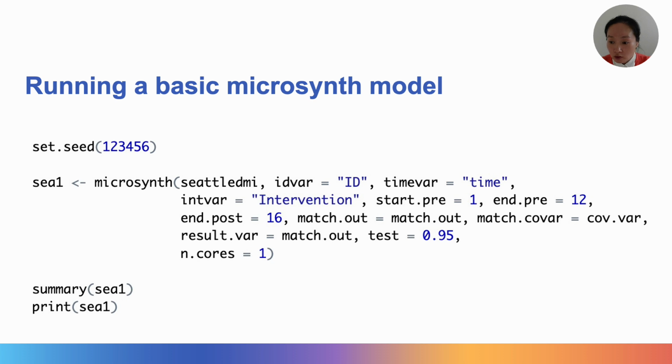The number of cores that we will use in our calculation, we will set it as 1 to avoid any errors. And then we will be able to summary and print out the model result. If we can run this, it will set up the parameters correctly.